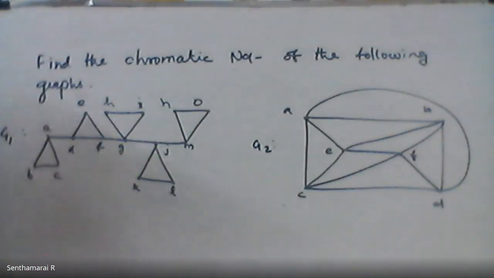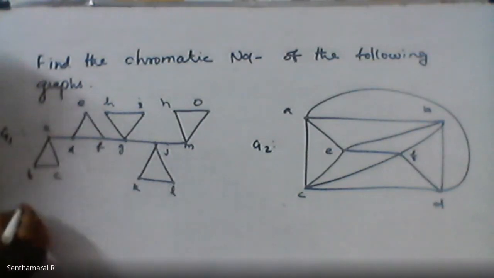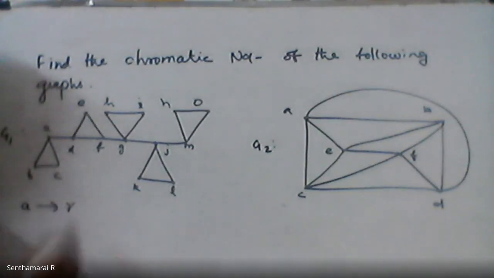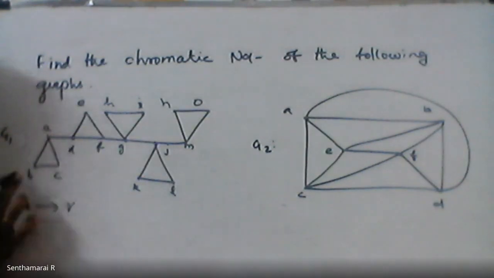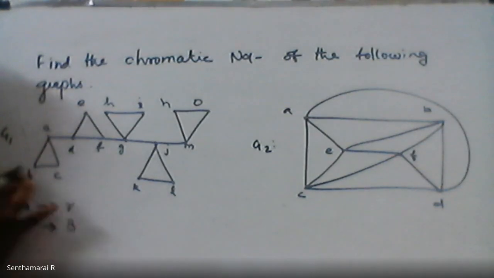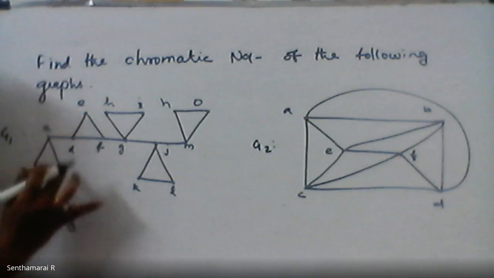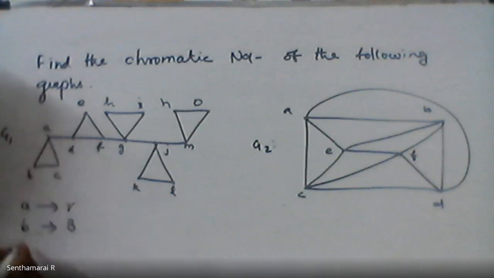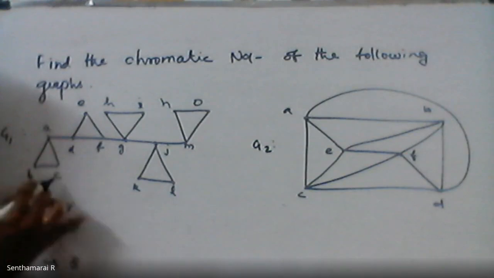Can we do the problems now? For the vertex A, I give red color. Then I cannot use this red for B, C, D. I can give B blue color. Once I use blue here, I cannot use blue for C, but I can use blue for D. I need one more different color for C. Why?